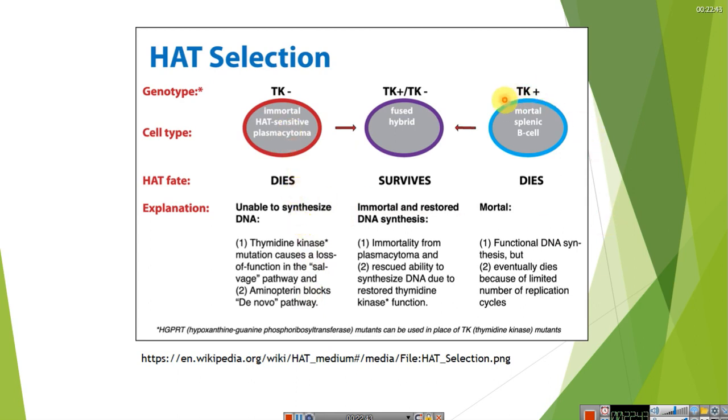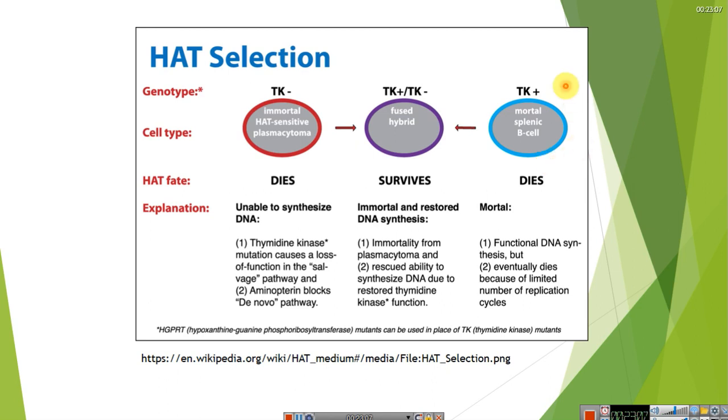In case of thymidine kinase positive B cells, they also die, but they are capable of carrying out the salvage pathway; they die because they can divide for a certain number of cycles only.